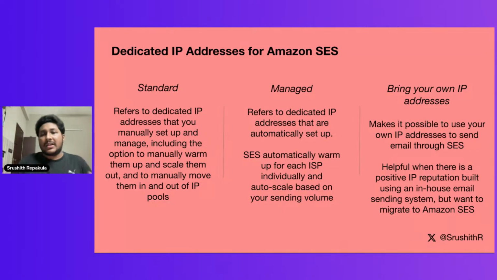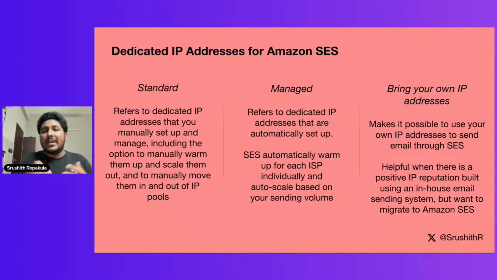Bring your own IP addresses is, as it says, where you have an IP address that you have built in-house and a reputation has been created, and you're just moving to AWS so that you can leverage the scalability and elasticity of AWS. Then you can bring your own IP address. Therefore, the reputation doesn't have to be built again for the IP address. It is already there, and you just resume from there.